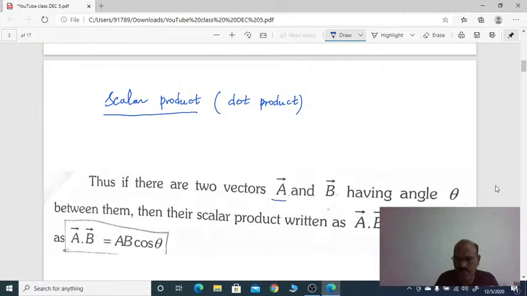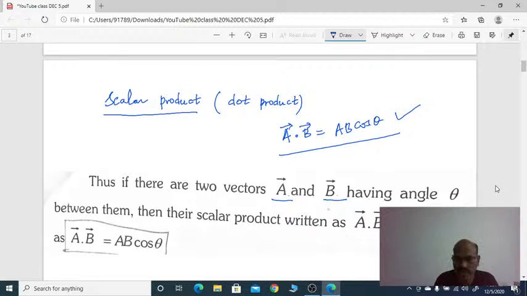A vector and B vector make an angle theta between them. Then the scalar product is written as A vector dot B vector is equal to AB cos theta, cosine of the angle between them. Scalar product.